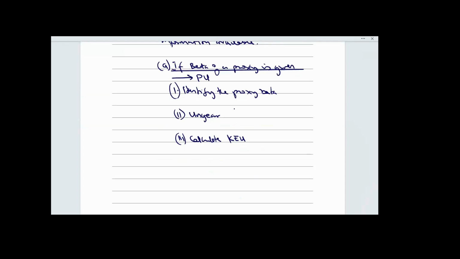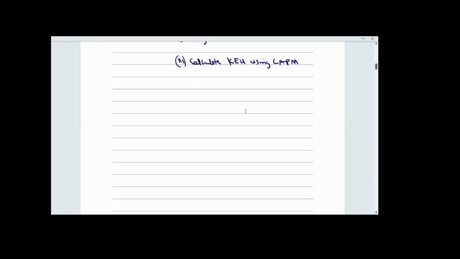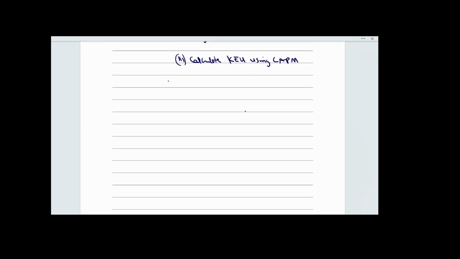If you like, you can give it acronyms: PUC. P represents proxy beta, U represents ungear, then C represents capping. Calculate cost of equity on gear using capping. So these are the 3 procedures you are supposed to carry out to calculate cost of equity on gear.